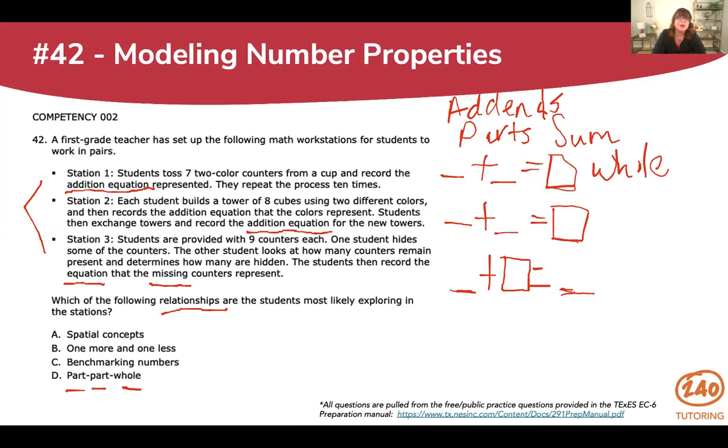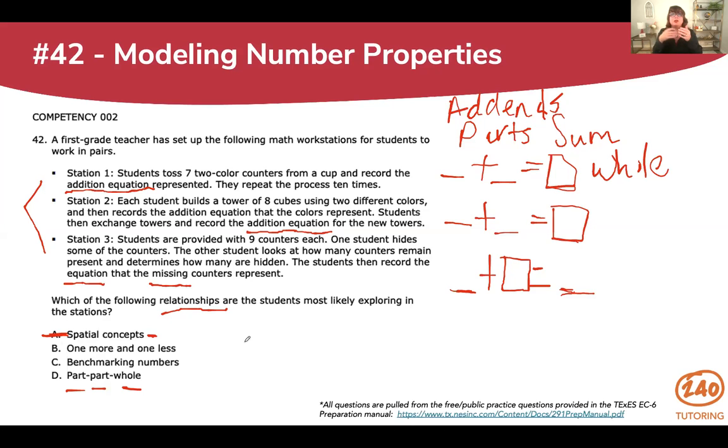All right. Now, if you couldn't get there, let me help you. Spatial concepts will usually have to do with geometry, occasionally measurement, but that's not related to equations. Hopefully you saw equation. One more, one less. If you don't know what this means, it's helping kids solve basic facts faster. So if I know 6 plus 6 is 12, well, 6 plus 7 is one more.